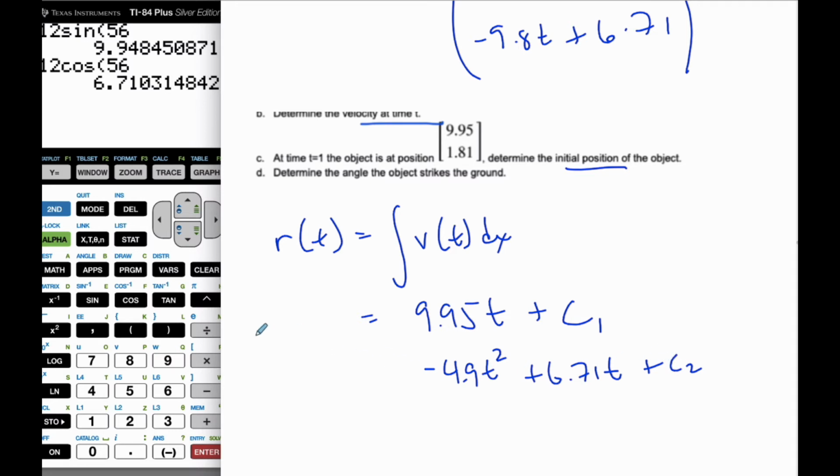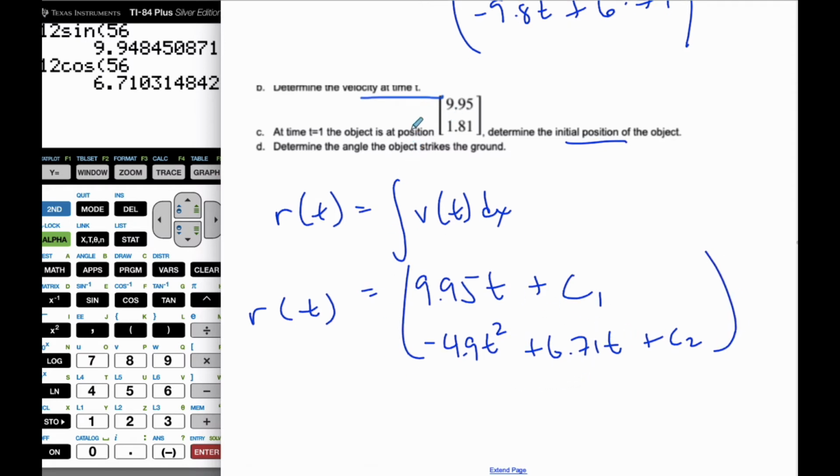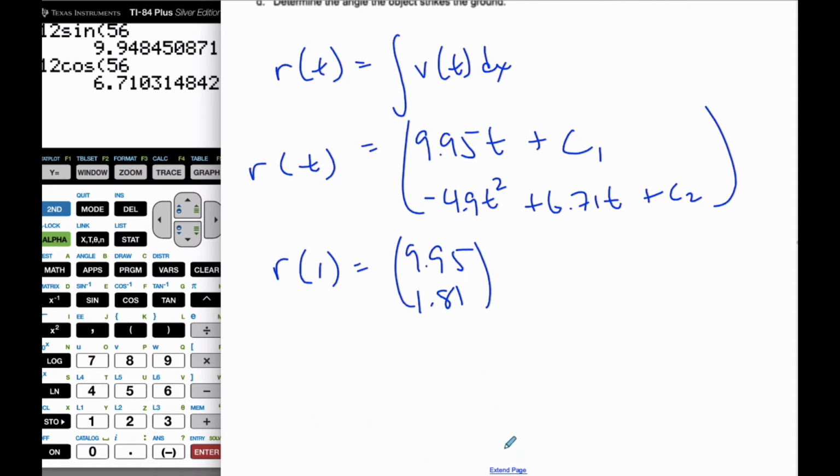And so this is r at t. Again, I want to find my constants. And I can use the idea that r at 1 is equal to 9.95 and 1.81. So if I know r at 1, then I can say my x value 9.95 is equal to 9.95 times 1 plus C1. I subtract, and I get C1 is equal to 0.